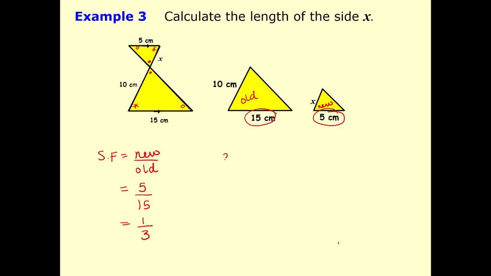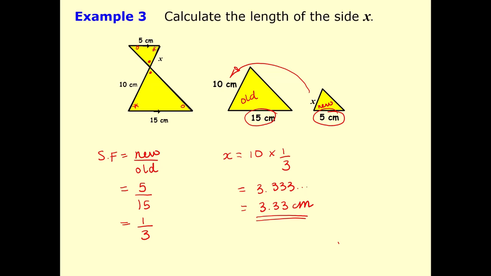And now we've got enough information to calculate side x. Our corresponding side to x is 10. We're going to multiply that by our scale factor, which will give us 3.333 and so on. And we're going to round that to 3.33 centimetres.